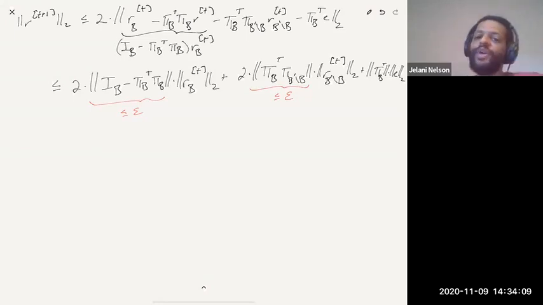Okay. So if you know that all the singular values of pi B transpose pi B are between 1 minus epsilon and 1 plus epsilon, what does that say about the singular values of pi B transpose? Well, first of all, they're the same as the singular values of pi B. What are the singular values of pi B? If I tell you the singular values of A transpose A, what are the singular values of A in terms of the singular values of A transpose A?